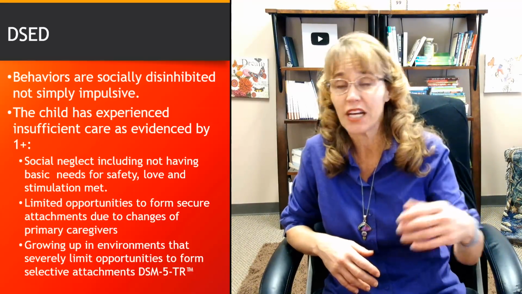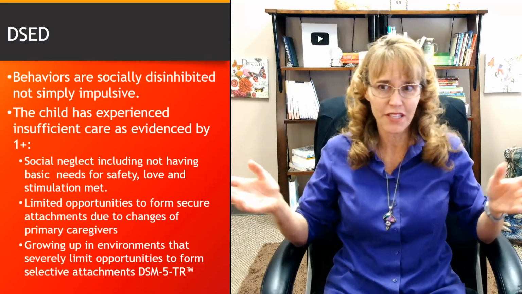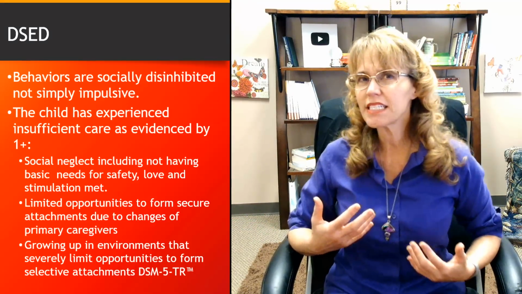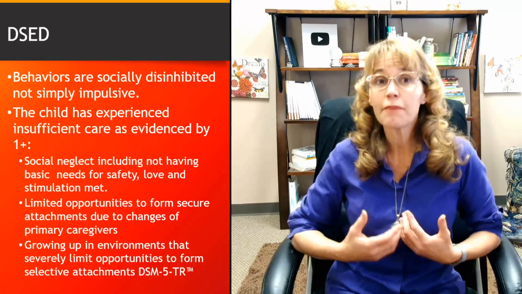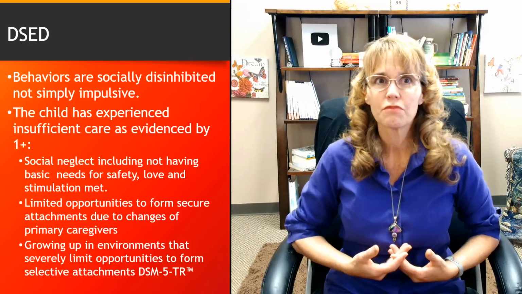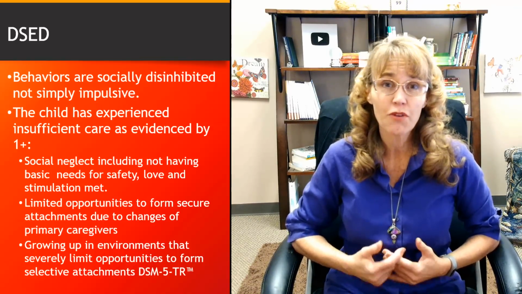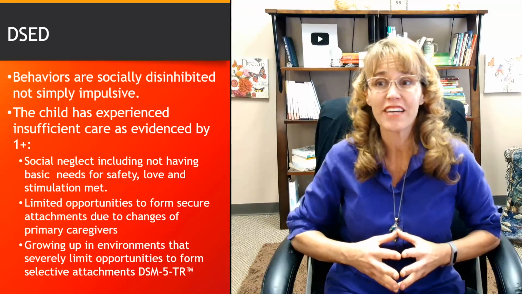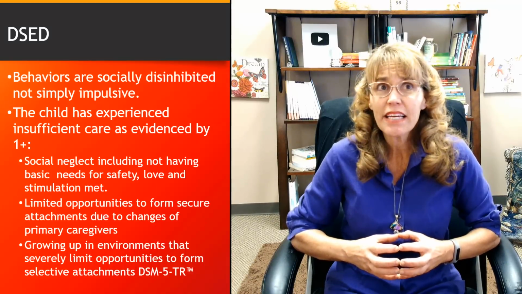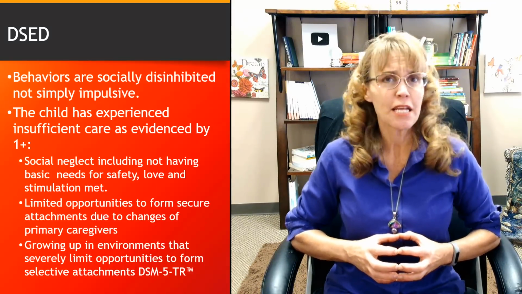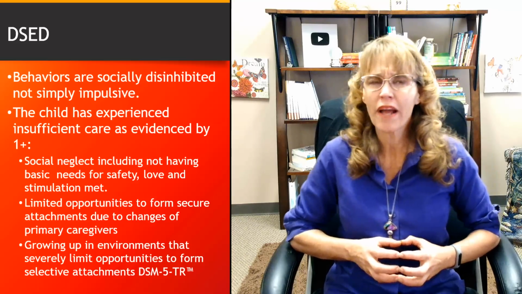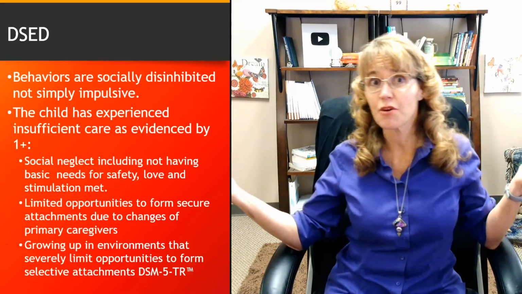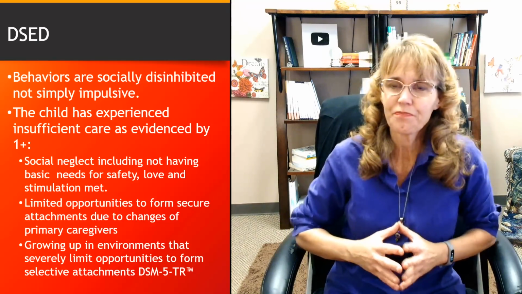I want to go check out this slide, whatever the case may be. Socially disinhibited is going up to adults without provocation or even with minimal provocation and not being intimidated, not being scared, not being wary at all. It's just like, hey, you're another person. What are we going to do?